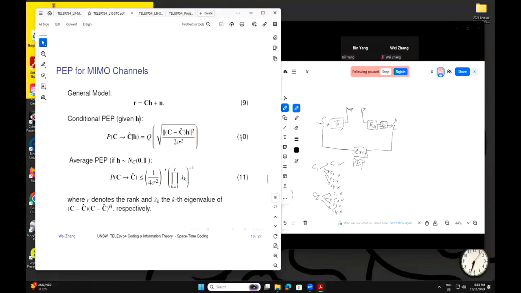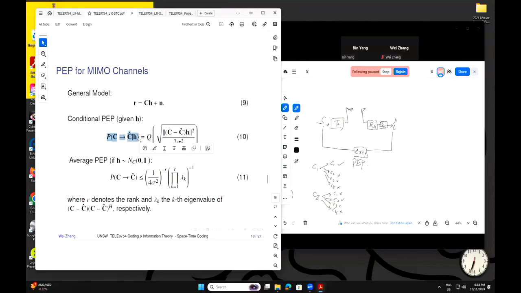Just in the beginning, you should understand what we are trying to do here. We try to figure out the error in the detection. We send a code word, and we want to find out the error probability when we make the detection of C hat, which is not identical to C, okay? So that's why we can get this. That's the left-hand side.